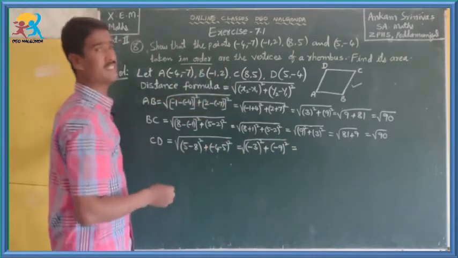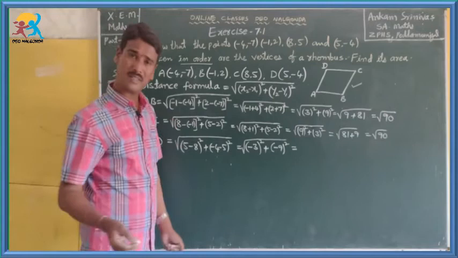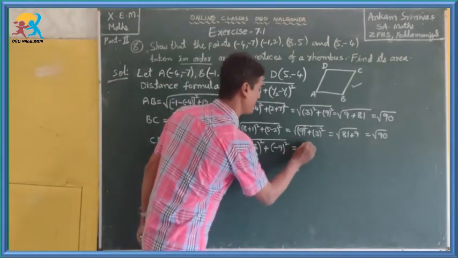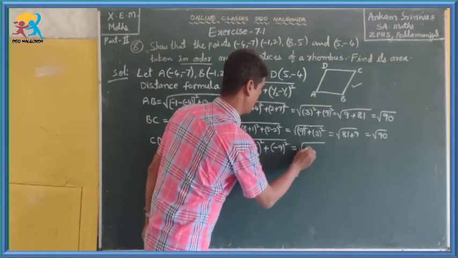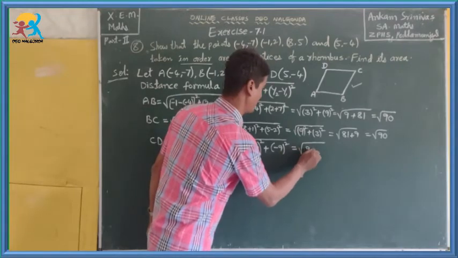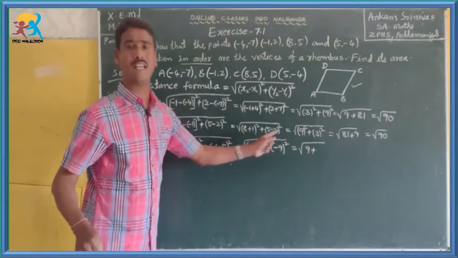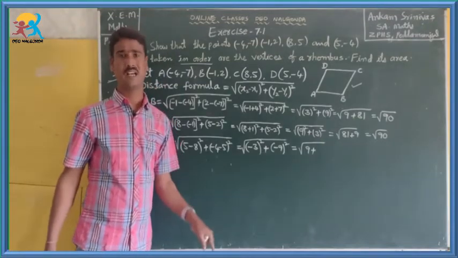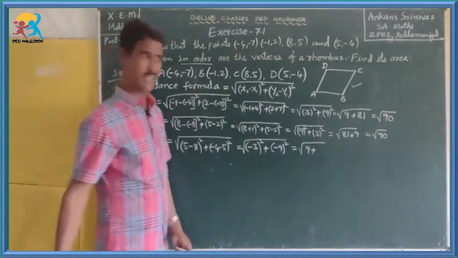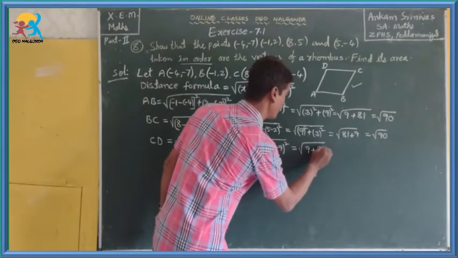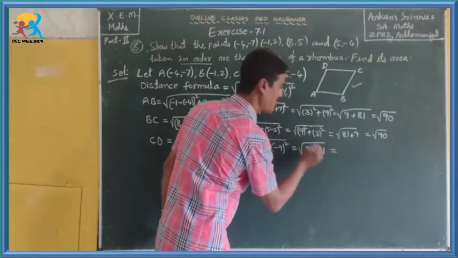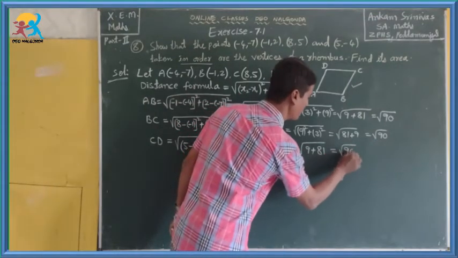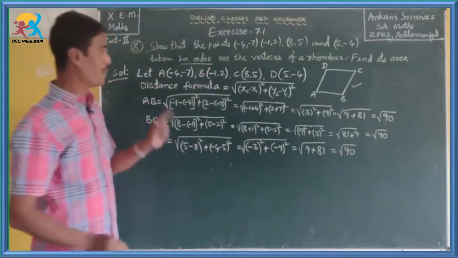We know that minus 3 into minus 3 is plus 9. Minus 9 whole square means minus 9 into minus 9, how much? 81. Now 9 plus 81 is 90. Square root of 90. Remaining one more side.